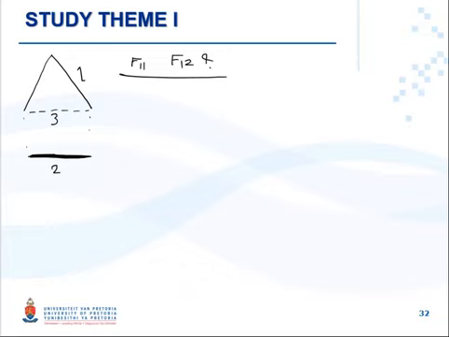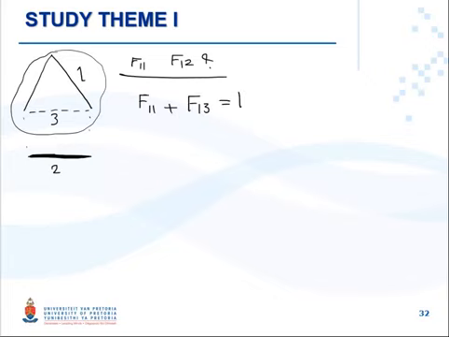So first we know that surfaces 1 and 3 create a kind of enclosure. So I can say, by the summation rule, F11 plus F13 is equal to 1. But can I say anything regarding the self-view factor of 1?